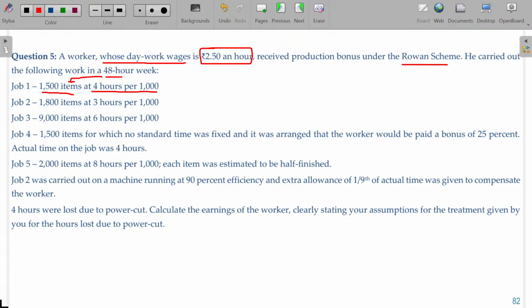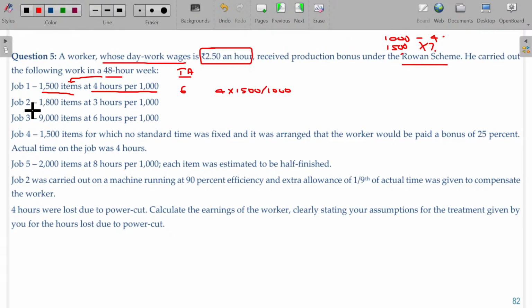This fellow has produced 1500. Then what about the standard time or time allowed for this? For 1000 units, 4 hours needed. For 1500, how many hours needed? You can do the cross multiplication, 1500 into 4 by 1000. So 6 hours needed for job 1.